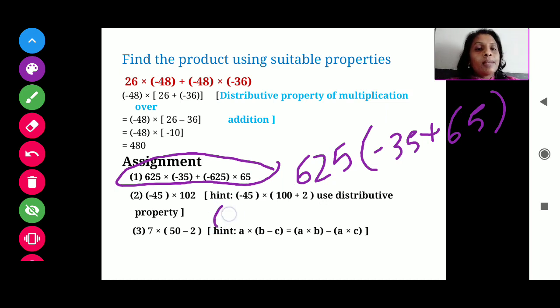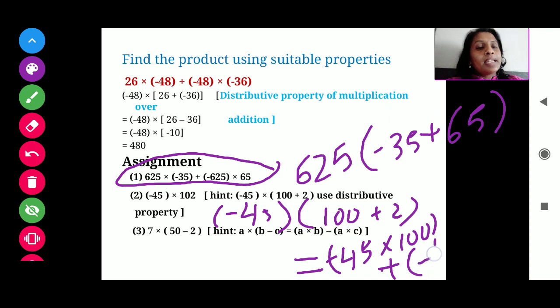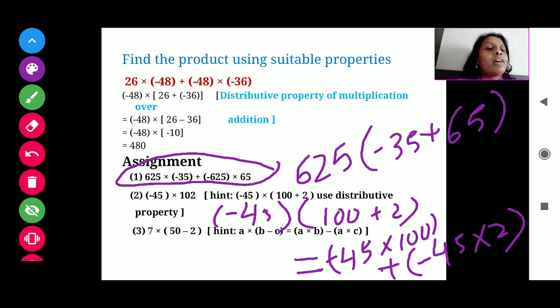So it will become like this: minus 45 in the bracket 100 plus 2. So what will be there? Minus 45 multiplied by 100 plus, in the second bracket, minus 45 multiplied by 2. Now you multiply this, and then you have to add.